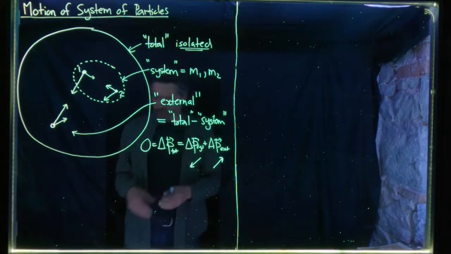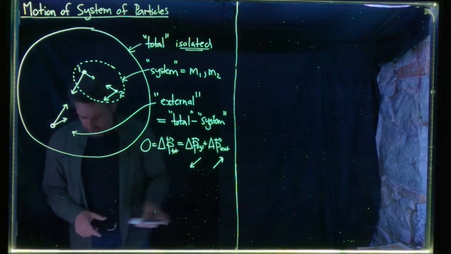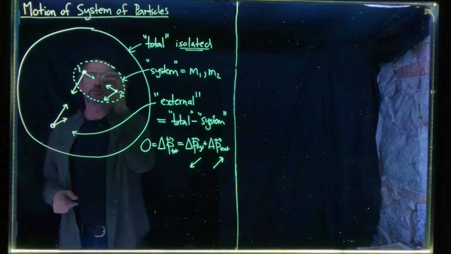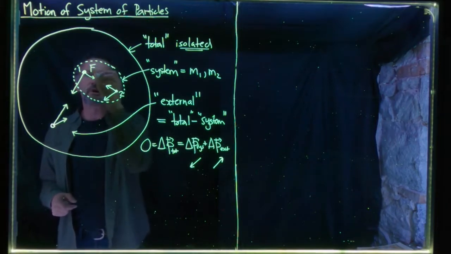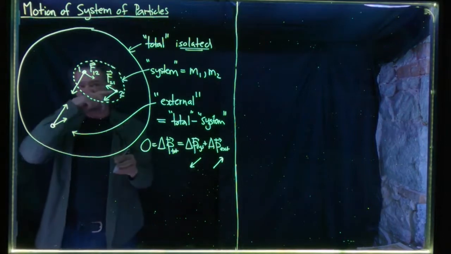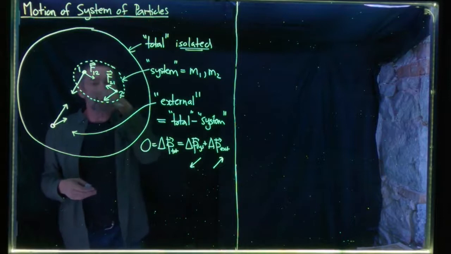Okay, great. And so let's label these forces. If this is object 1 and this is object number 2, then this will be the gravitational force on object number 1 due to object number 2. This force will be the force on object number 2 due to object number 1. These forces are equal and opposite, and they are forces that are internal to our system.